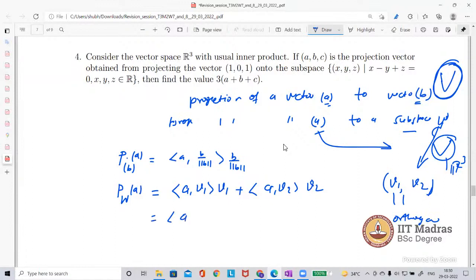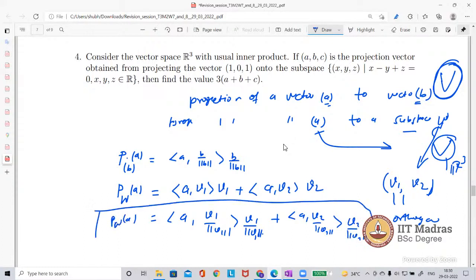That means you have to take the norm, divide V1 by its norm, plus A·V2, divide V2 by its norm. This gives the projection of A on W.